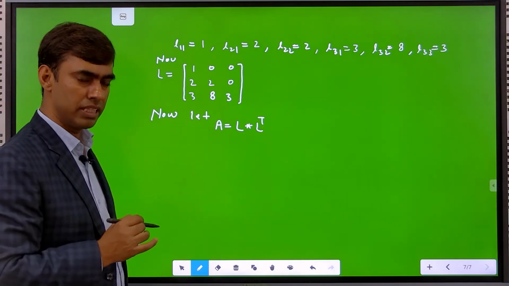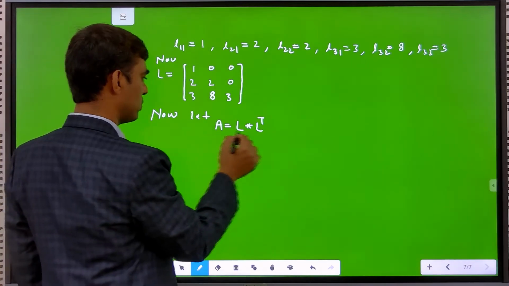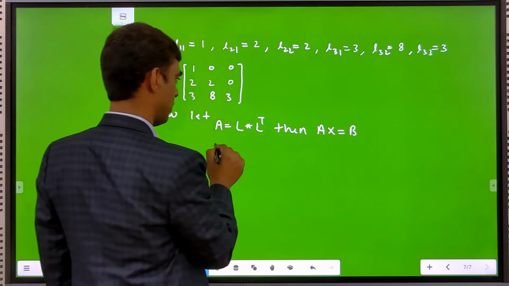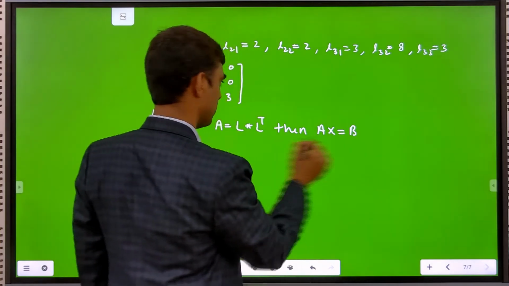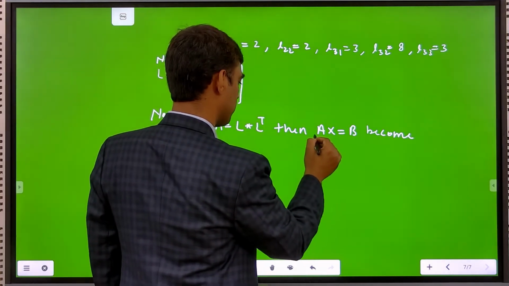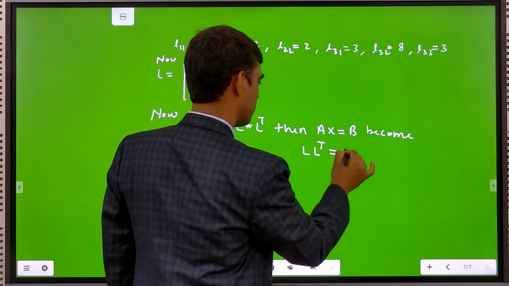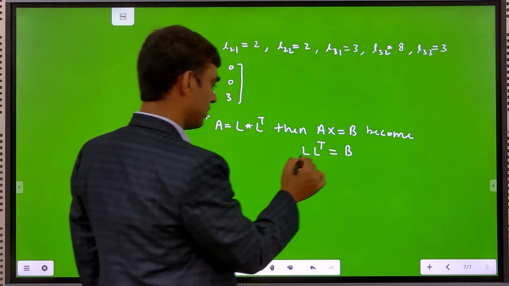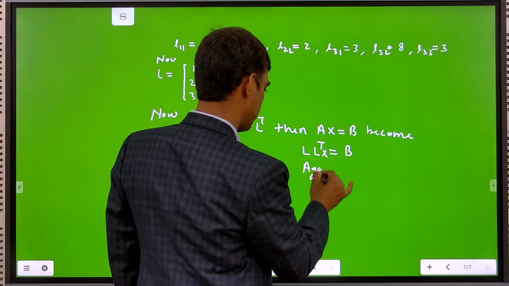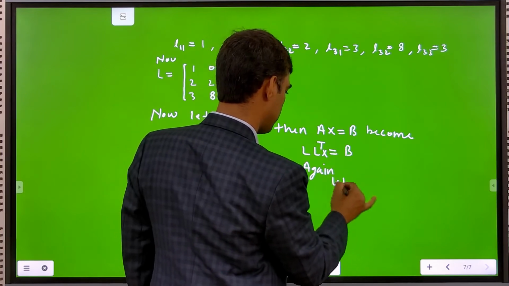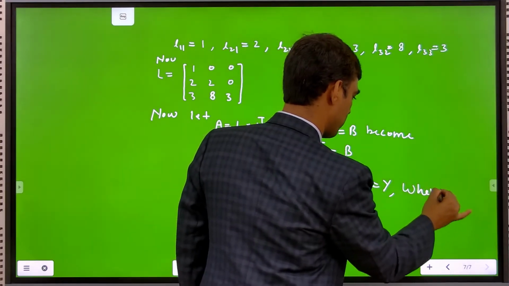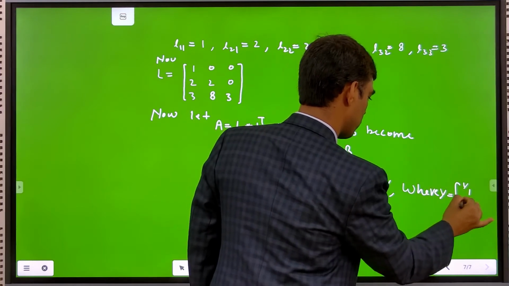This will surely be satisfied because A is symmetric and positive definite. So A equals L L transpose, then Ax equal B becomes L L transpose x equal B. Again we assume that L transpose x equal y, where y equals y1, y2 and y3.